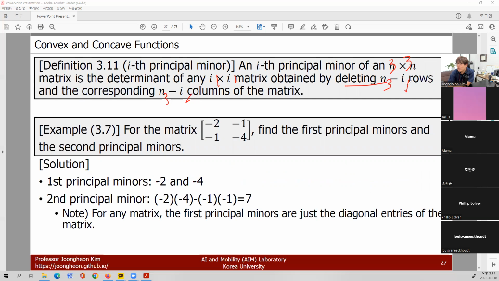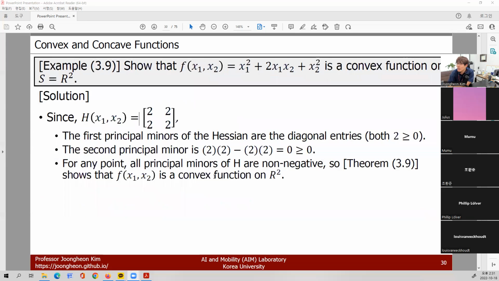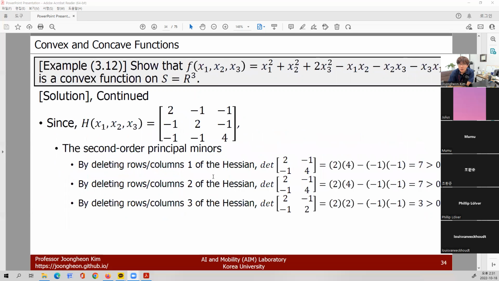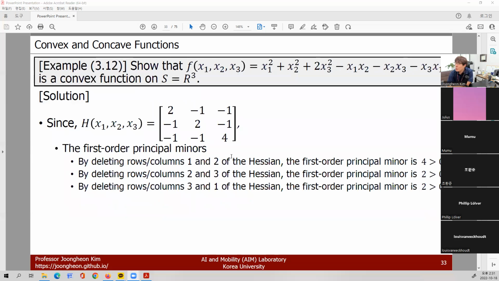Then we have to delete 2 rows and 2 columns. I just want to make sure that you understand the principal minors clearly. That's why I want to calculate the first order principal minors based on the definition.